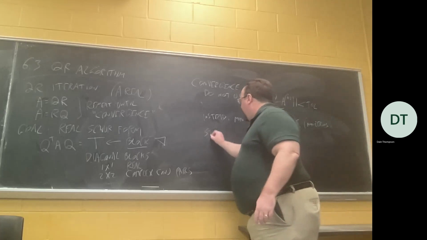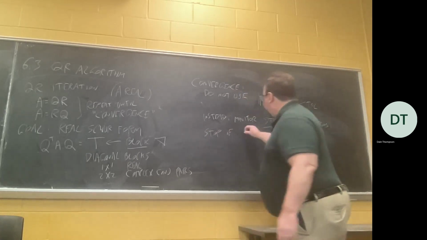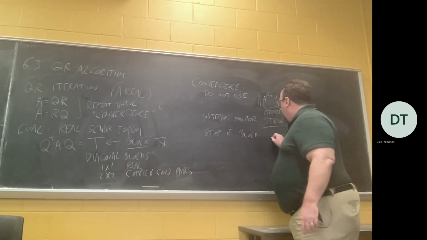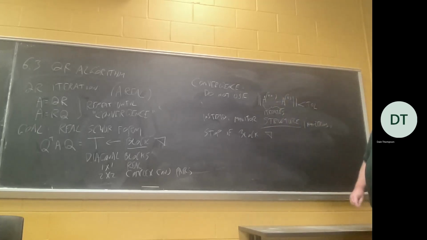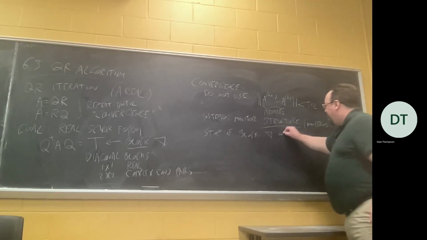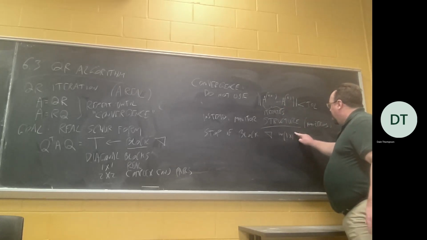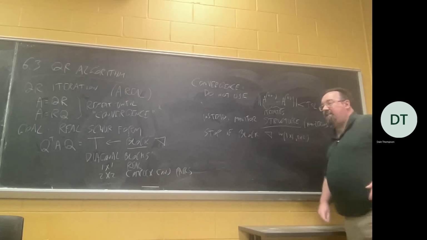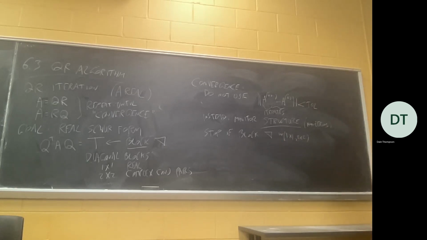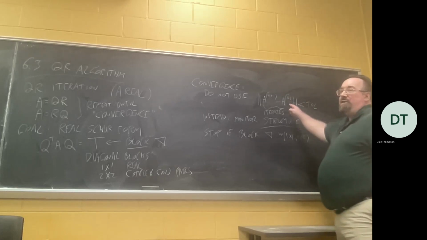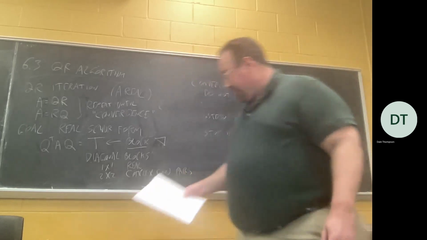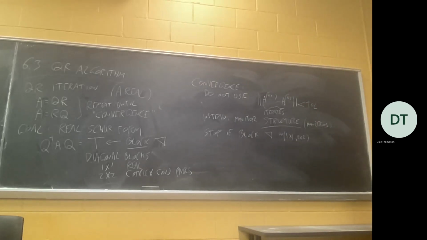And you stop if the matrix is block upper triangular, with 1 by 1 or 2 by 2 blocks. Once you get something of that form, all other entries are negligibly small. So individual entries you can watch for being smaller than some tolerance. That's when you're done, because if you use a test like the other one, you'll be iterating forever.